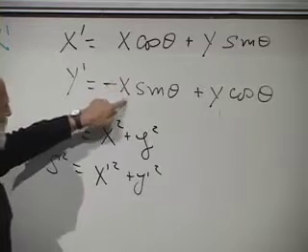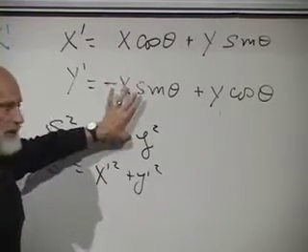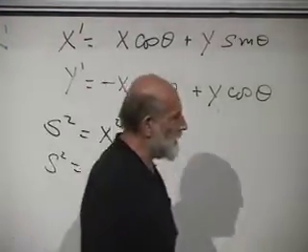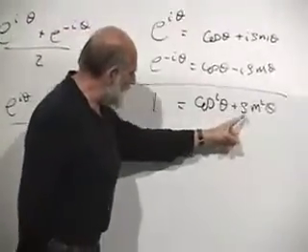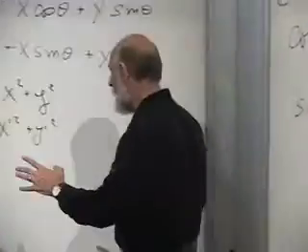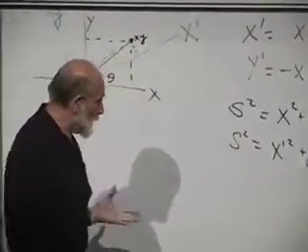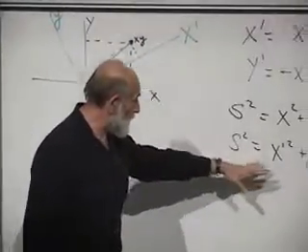It will also have x squared sine squared theta. When you add them, you'll get x squared plus y squared. You know the rigmarole. So it follows from cosine squared plus sine squared equals 1 that x prime squared plus y prime squared is equal to x squared plus y squared.